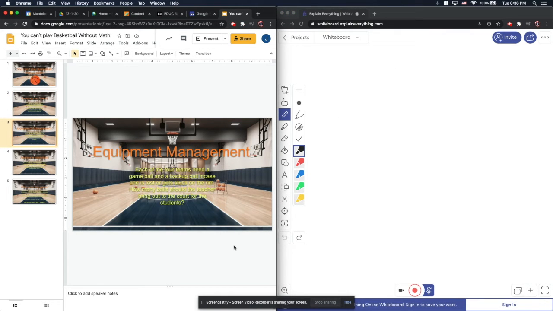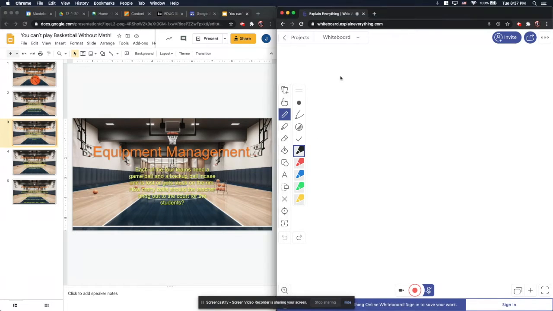Alright, so for my next question, it's going to be regarding equipment management. And the prompt is each of the 4 teams needs a game ball and a backup ball in case one is lost or gets stuck on the rim. How many balls should the teacher bring out to the court for the students? So we have 4 teams, right? So we know that number right there.